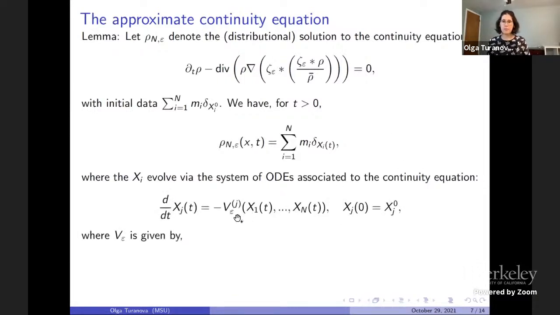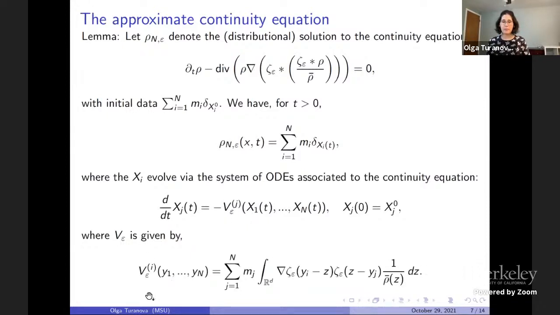There's some velocity, v epsilon, given in this complicated way. Notice the velocity depends on the masses I started with and on the positions of the other particles in this particular way.